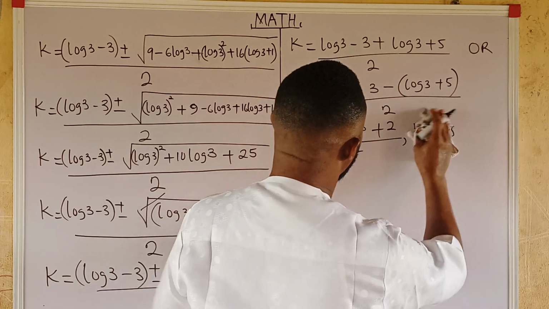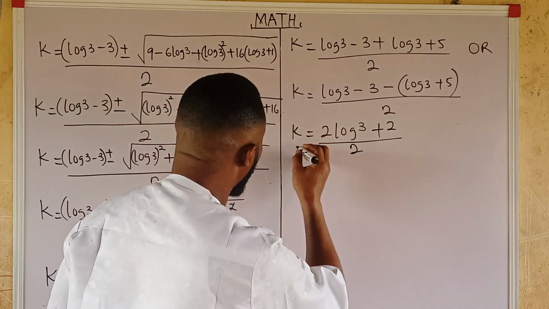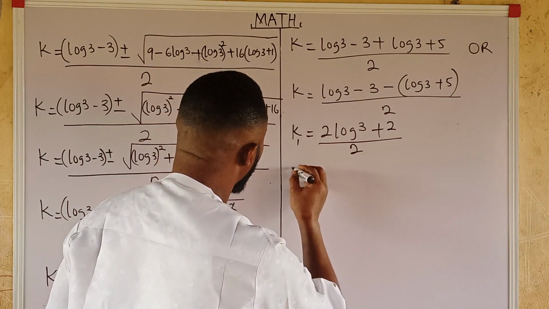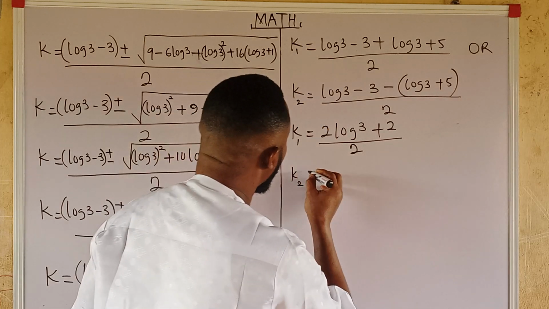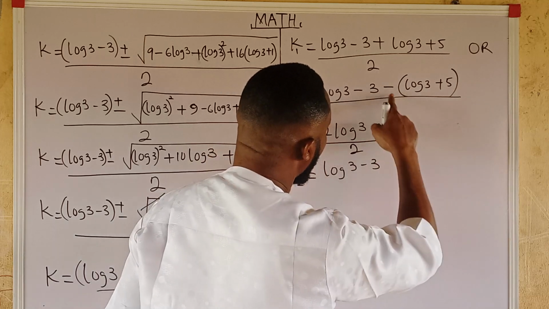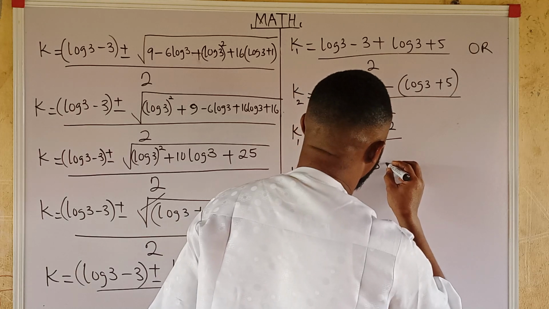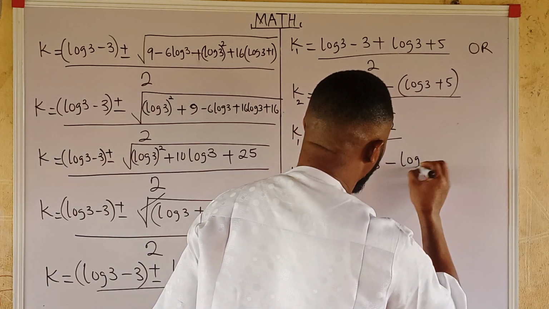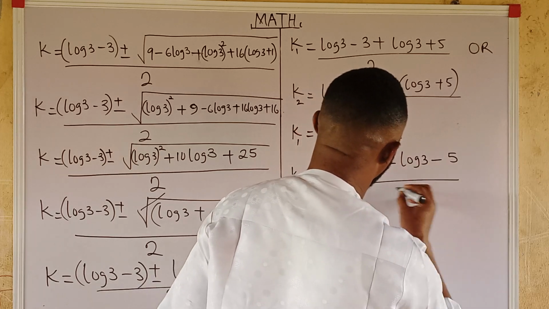I can bring that down for the sake of our audience in high school. This is k1 and this is k2. So k2 will be log 3 minus 3. If I use negative to open this parenthesis, I'll have negative log 3, then negative 5, all over 2.